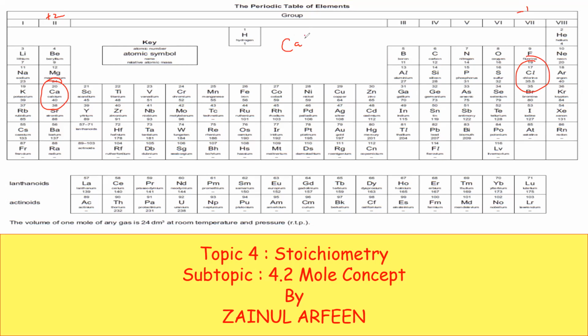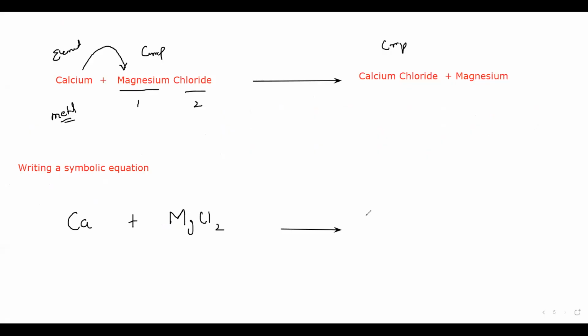So for the calcium chloride formula, calcium plus 2, chlorine minus 1, when we cross multiply, calcium chloride will be CaCl2. Plus magnesium is an element.